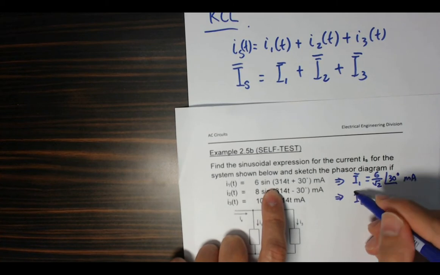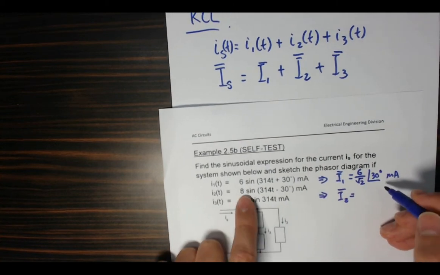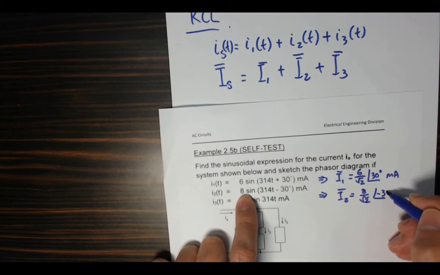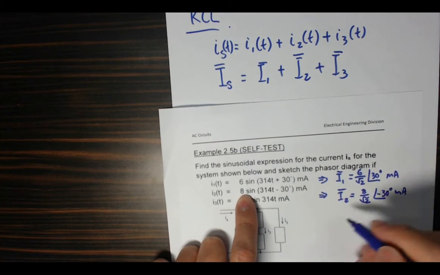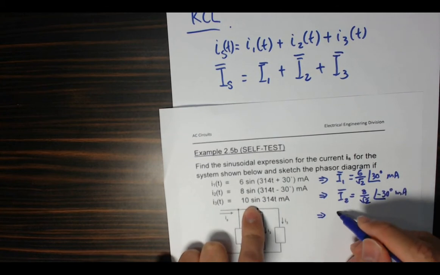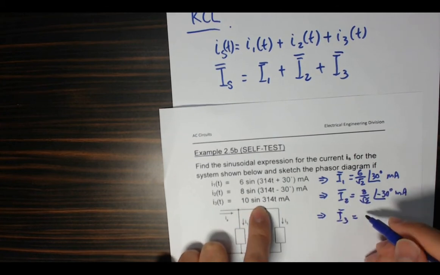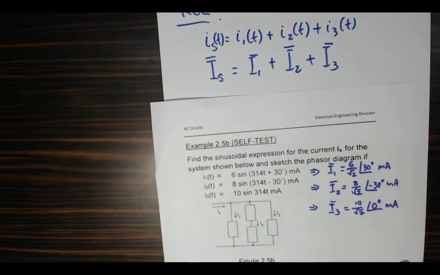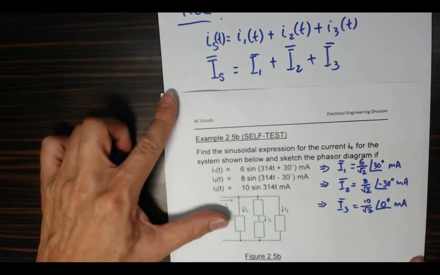I2 is 8 over root 2 angle minus 30 degrees milliamps. And I3 is equal to 10 over root 2 angle 0 degrees, because there is no phase angle there.